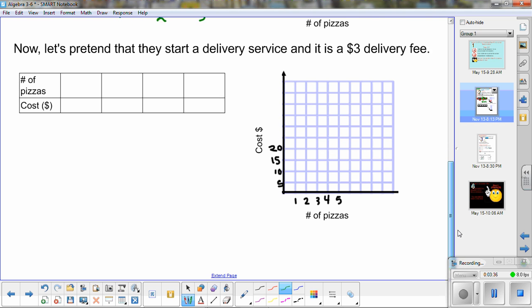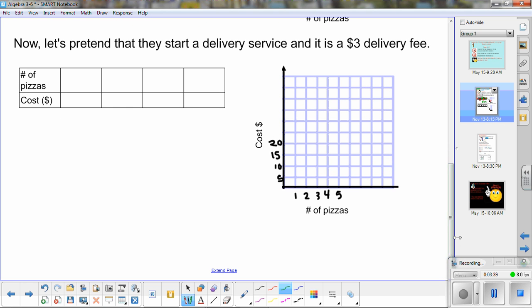Now let's pretend that they start a delivery service and it's going to be a $3 delivery fee. If you ordered 0 pizzas but wanted the cute delivery person to come out and visit to say hello, that's going to cost you $3. If you got 1 pizza, it's going to be $5 for the pizza plus $3 for the delivery.